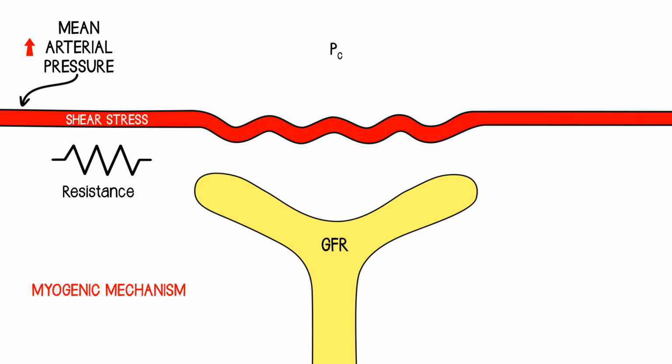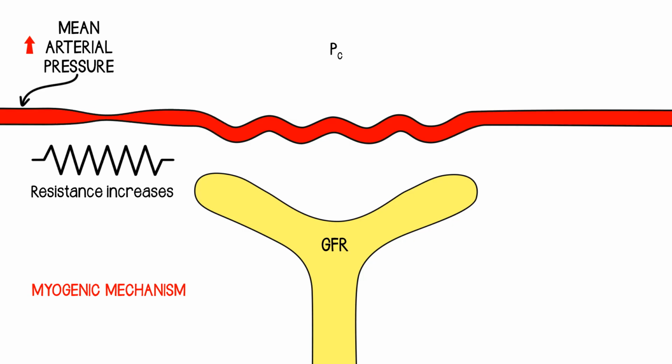And shear stress is just the force that you get when something is trying to scrape past something else. This opens ion channels within the afferent arteriole cells, and the ultimate result is that the smooth muscle cells of the afferent arteriole will constrict. So the higher the flow rate going through the afferent arteriole, the more the arteriole constricts in response. This is called the myogenic mechanism.